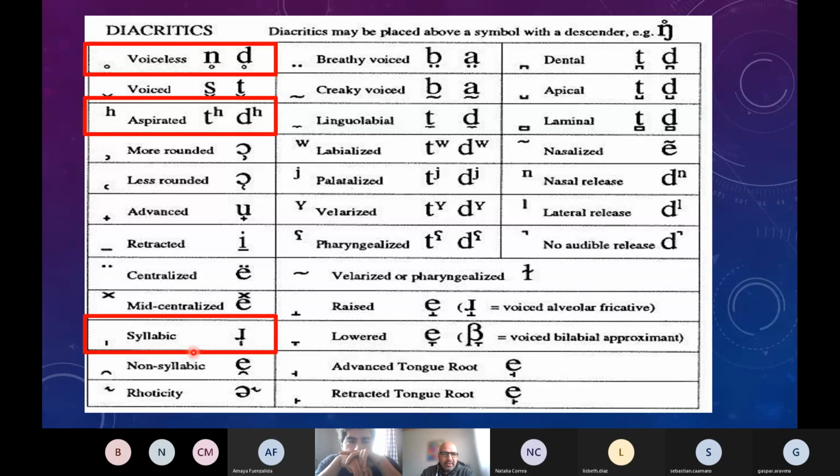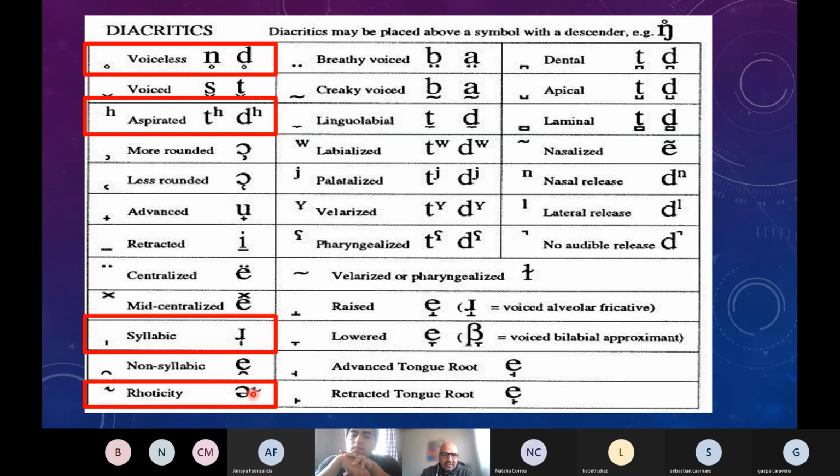We're going to use the diacritic representing syllabic. The idea is that a schwa is being elided, but still this symbol would be considered the nucleus of that specific syllable. We can have l, which can be syllabic, n, which can be syllabic, and m, which can be syllabic as well.